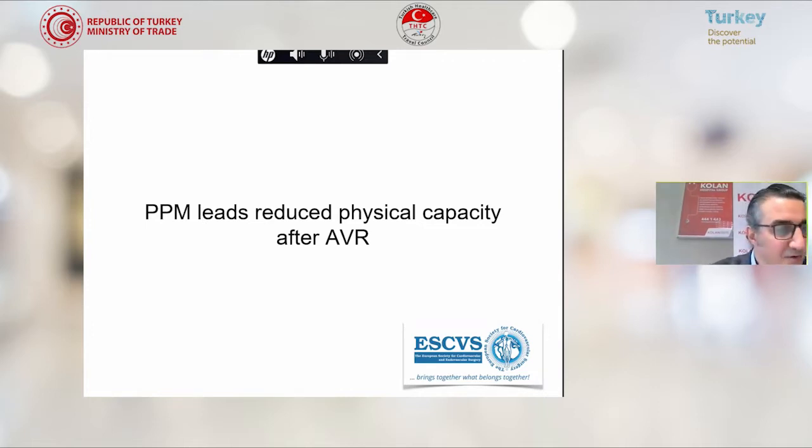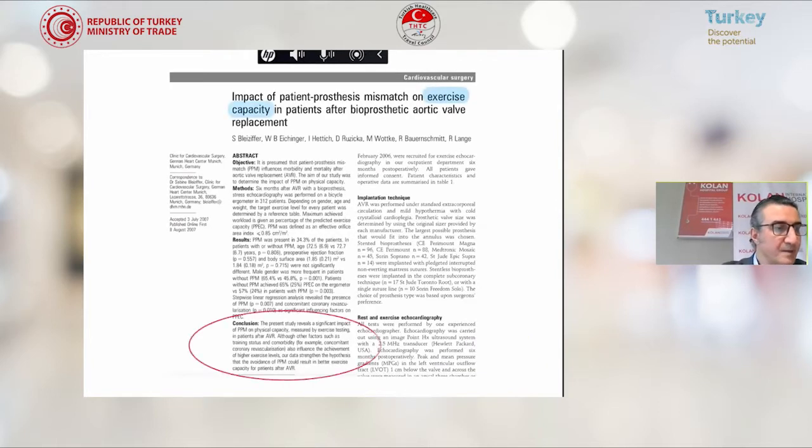As I mentioned earlier, patient-prosthesis mismatch has a negative effect on physical capacity or functional class after aortic valve replacement. The aim of the study was to determine the impact of patient-prosthesis mismatch on physical capacity. Six months after aortic valve replacement, stress echocardiography was performed in 3,000 patients.